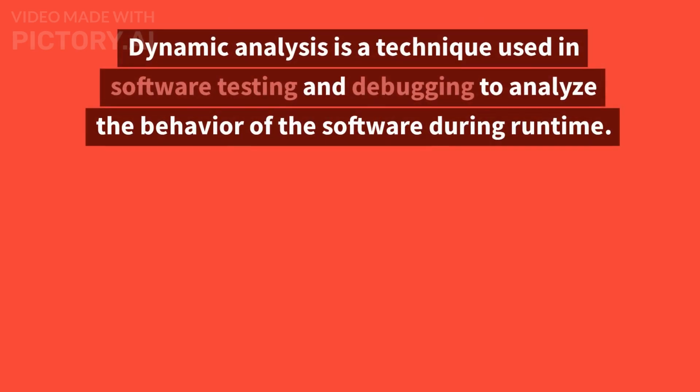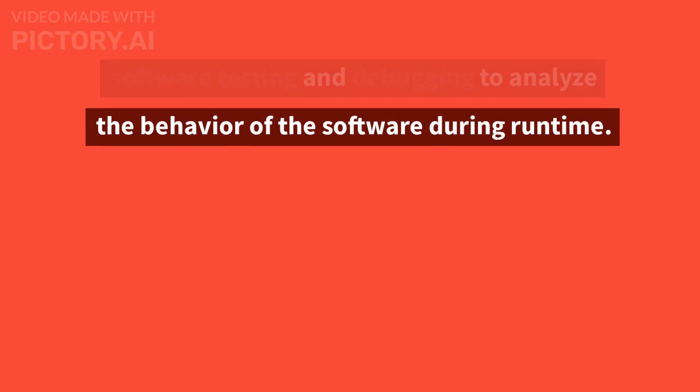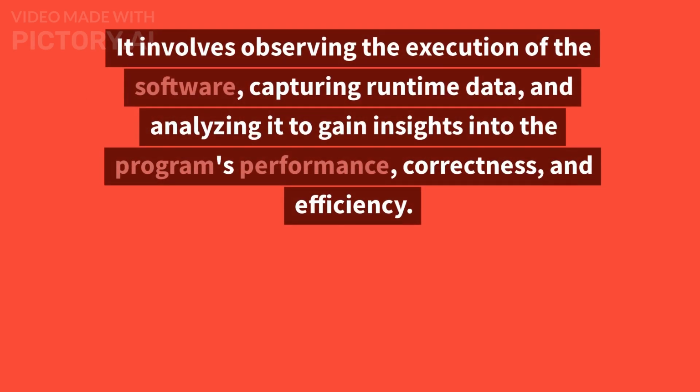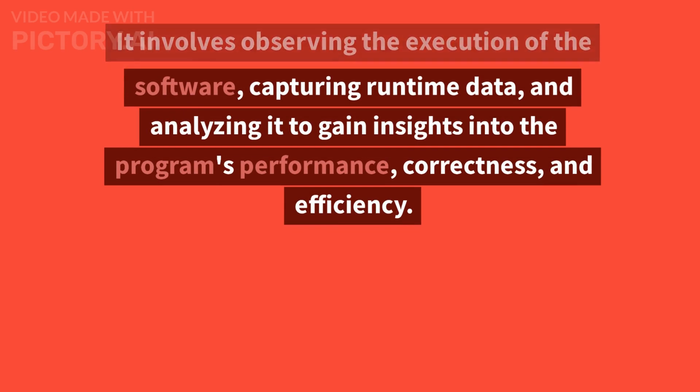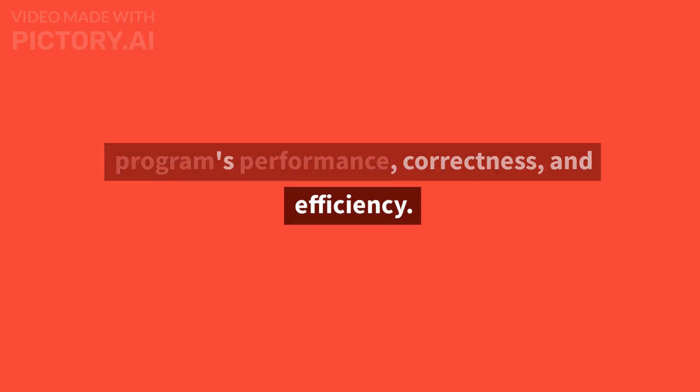B. Dynamic analysis. Dynamic analysis is a technique used in software testing and debugging to analyze the behavior of the software during runtime. It involves observing the execution of the software, capturing runtime data, and analyzing it to gain insights into the program's performance, correctness, and efficiency.